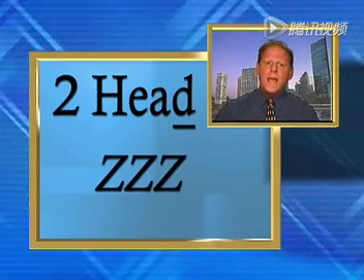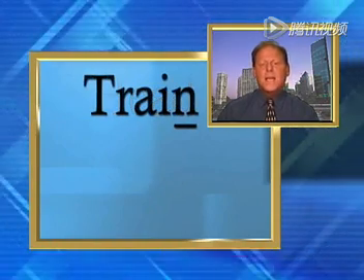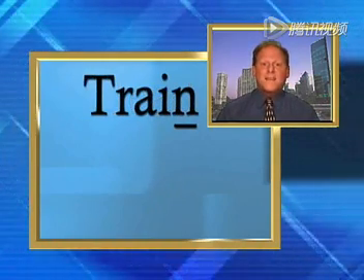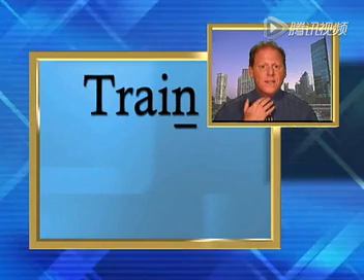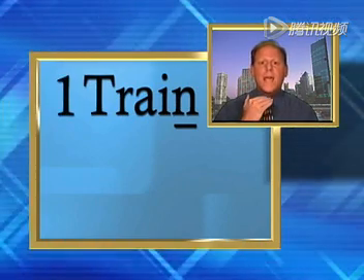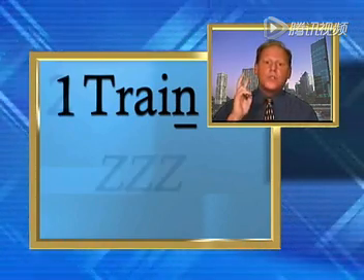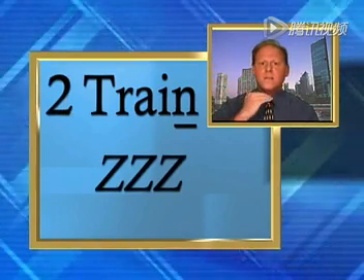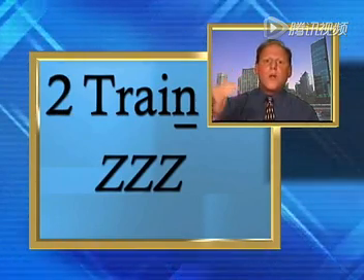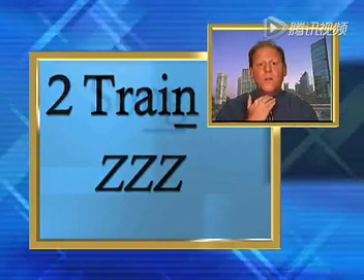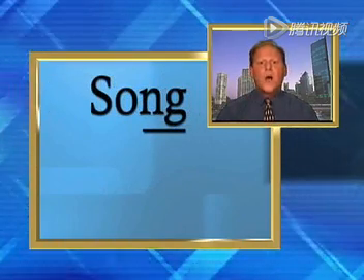It's voiced. Two heads. Very good. Next word, train, ends with a voiced N. See that? So you've got one train or two trains. Two trains with a voiced Z ending.